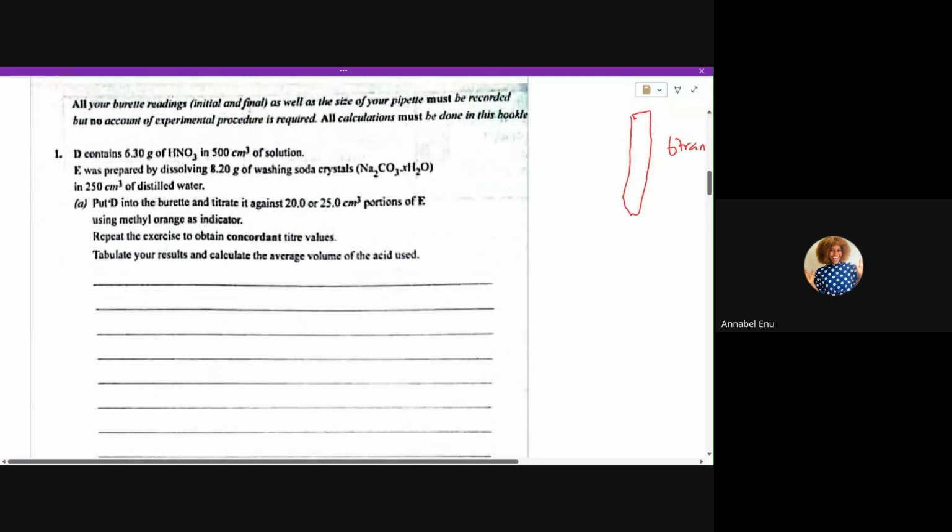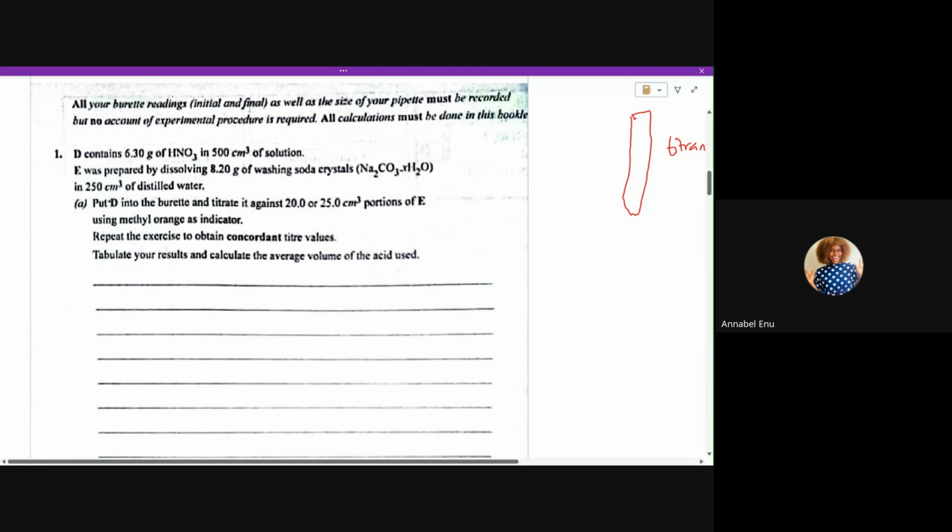Now D contains 4.3 gram of nitric acid in 500 centimeters cube of solution. Okay, and then E is prepared by dissolving this gram of washing soda crystals in 250 centimeters cube of distilled water.